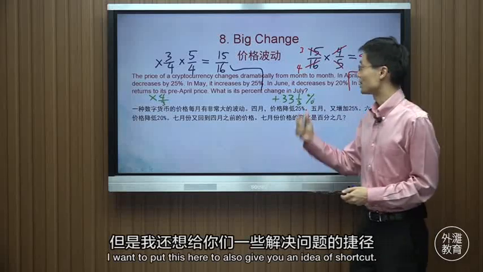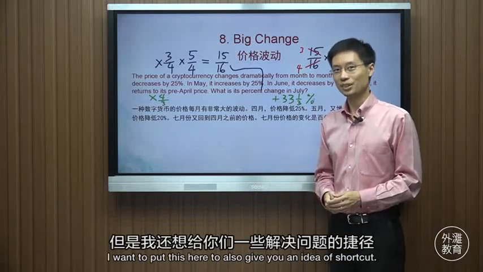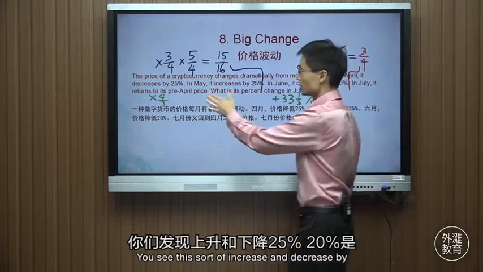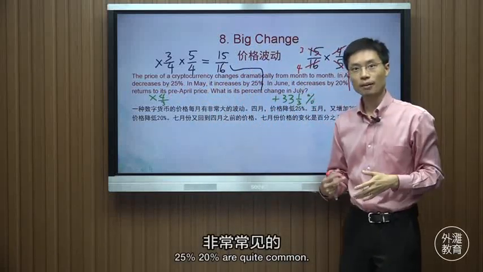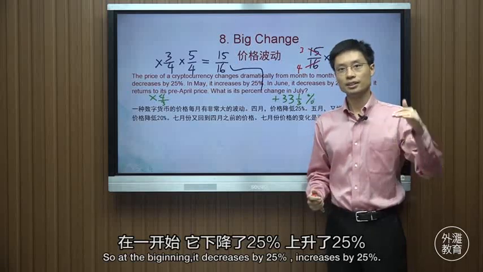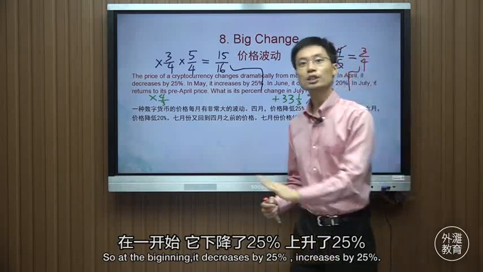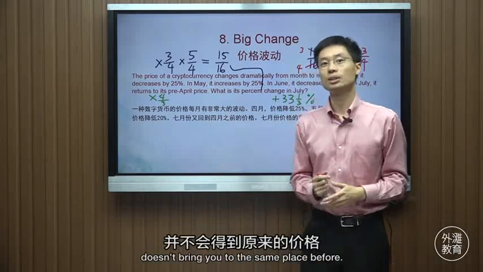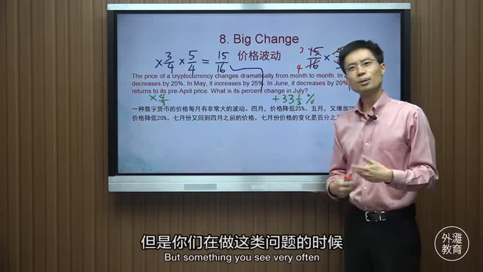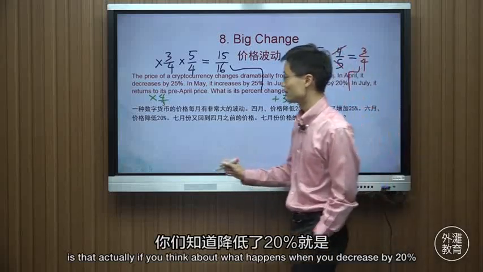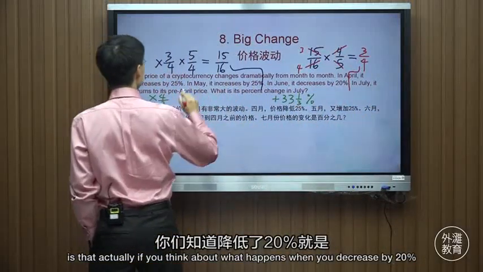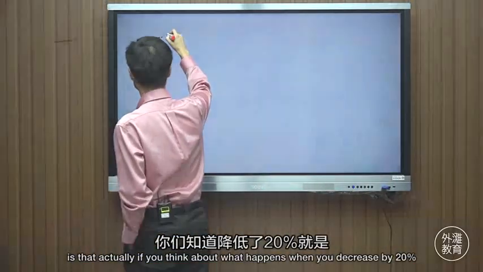I wanted to put this here to also give you an idea of a shortcut, though. You see, these sorts of increase and decrease by 25%, by 20% are quite common. And I said at the beginning, decrease by 25%, increase by 25% doesn't bring you to the same place as before. But something you see very often when you do these kinds of questions is that if you think about what happens when you decrease by 20%, that's multiplying by 4/5.